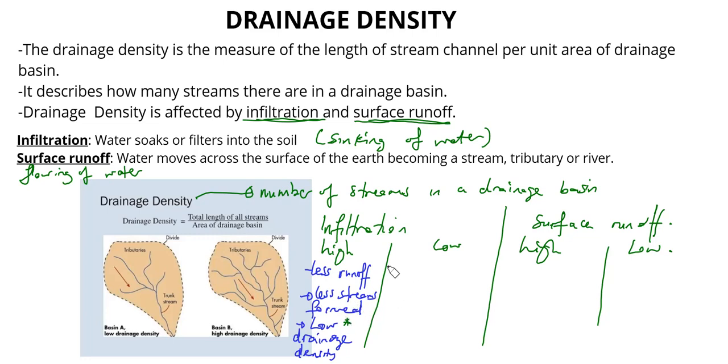But when we are having low infiltration, it means that less water sinks and you have got more runoff, or high runoff, in this case. So most of the water flows. And when we have got more water flowing, what are we forming here? More streams formed.